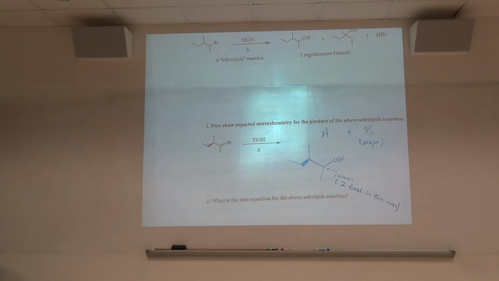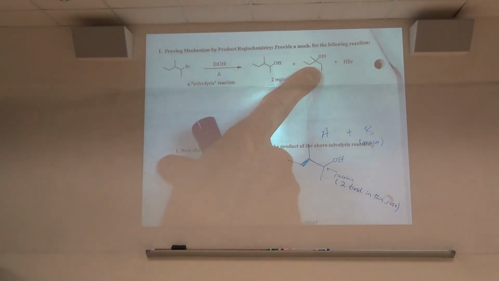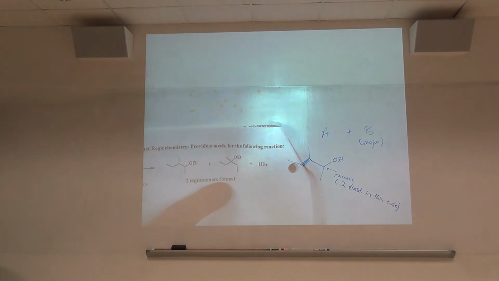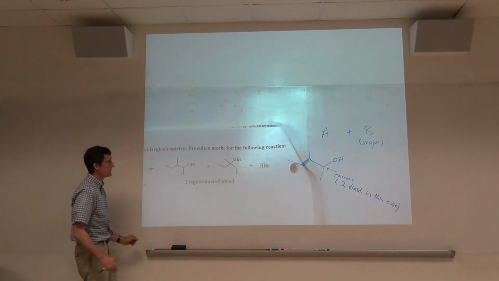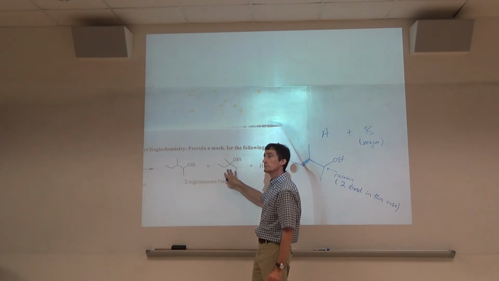But for B, is it bolded and dashed? No, B is going to be right there. But are we using the bolded and dashed? What do you want to bold and dash? Well, there's nothing chiral.